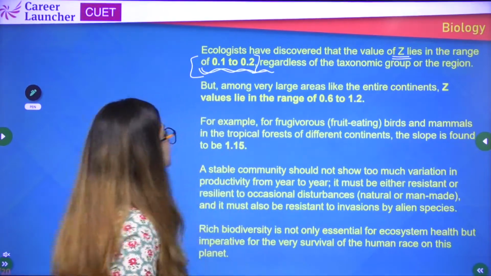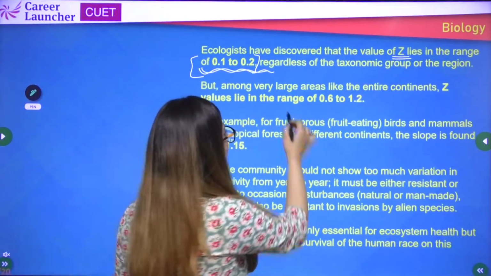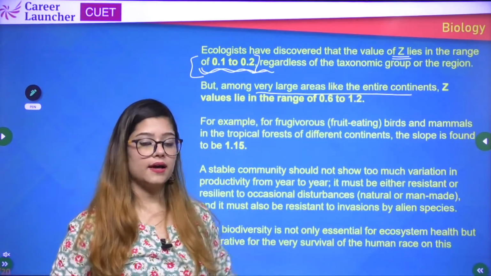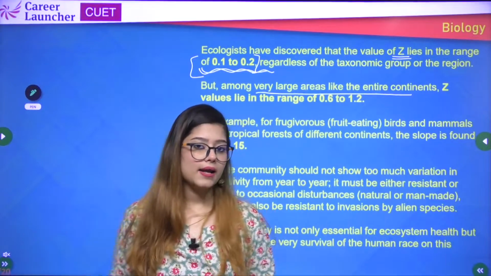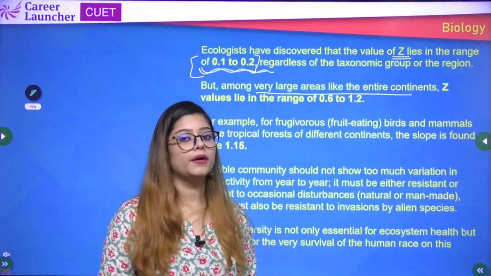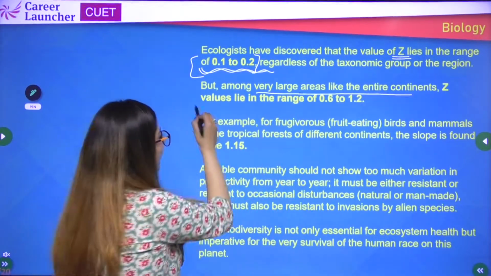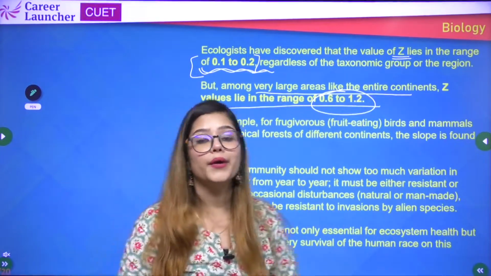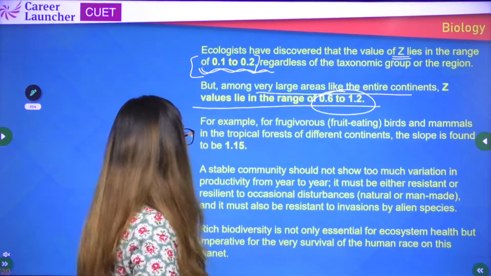But it has been seen that if we consider very large areas like entire continents, अगर हम एक बहुत large area के बारे में बात कर रहे हैं जैसे कि एक पूरा continent, तो जो Z की value है that can lie in the range of 0.6 to 1.2, right?